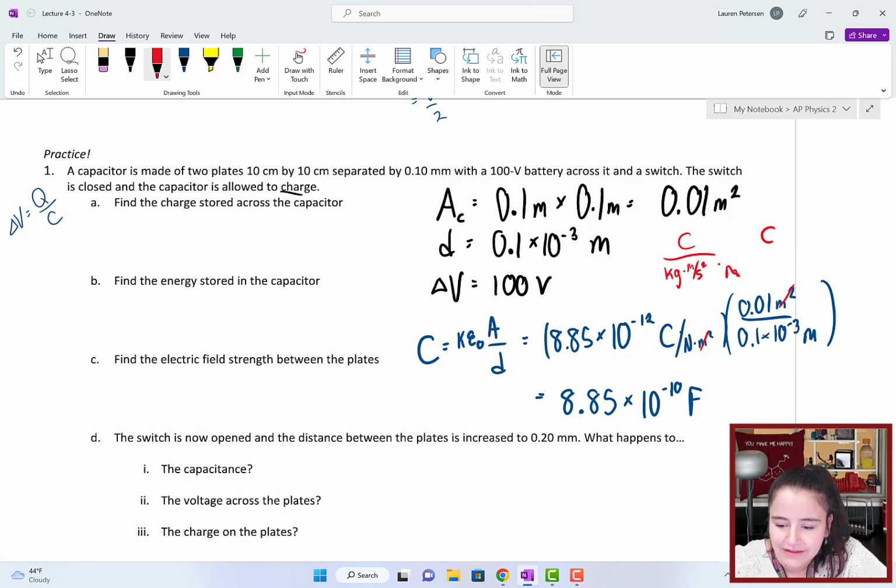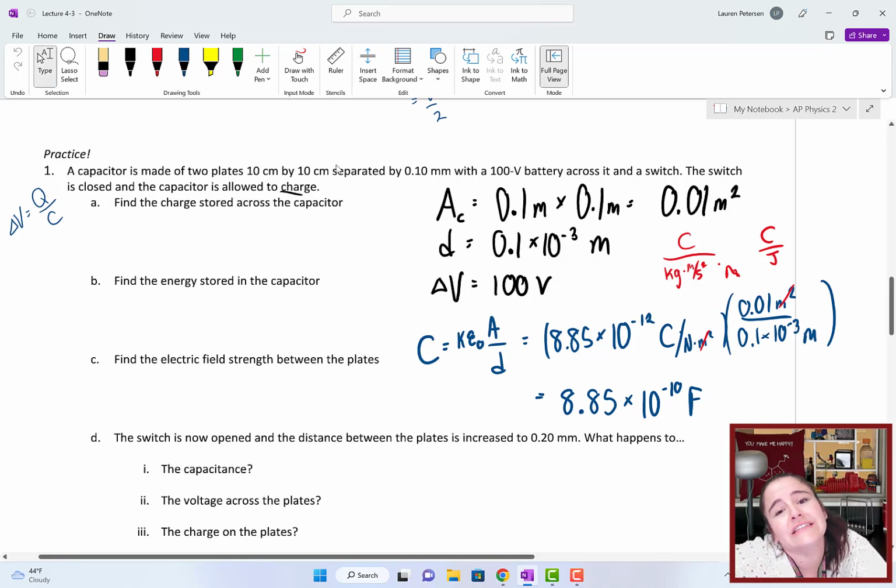So it is really coulombs per kilogram meter squared per second squared, aka joules. So joules. Yep. C is for coulombs. I was thinking C for capacitance. I made that mistake. See, this is why it's dumb. Coulombs per joules. And we know that energy per charge, or volt, is what a farad is.